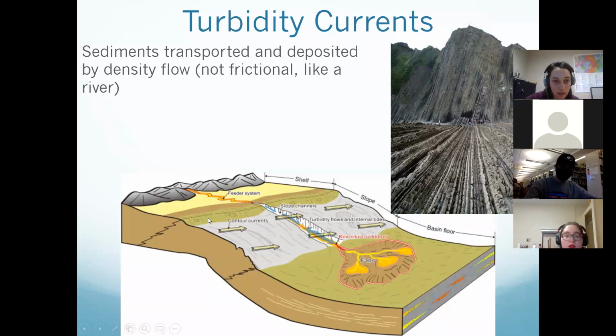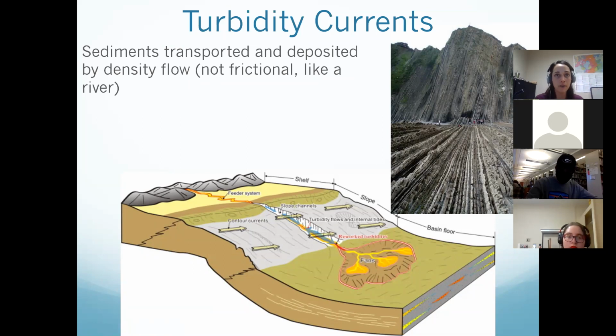So what happens is you have a river flowing from the mountains all the way to the sea, and it gets deposited off the shelf. And it sort of sits on the slopes. You guys should be semi-familiar with those words from last week's lab. So it sits on the slope, and it sort of keeps building and building and building up.